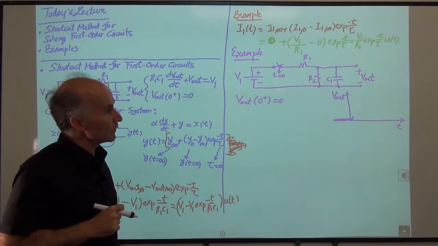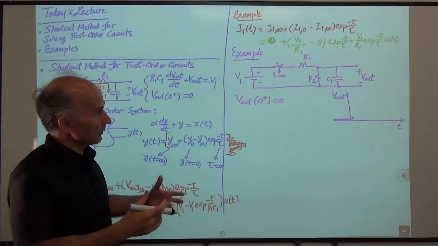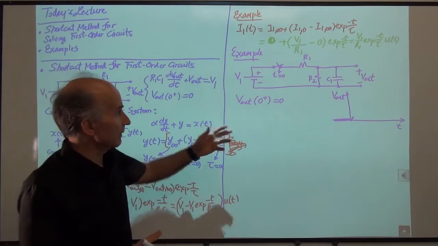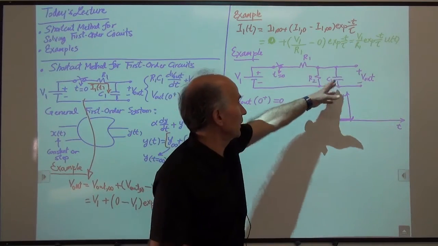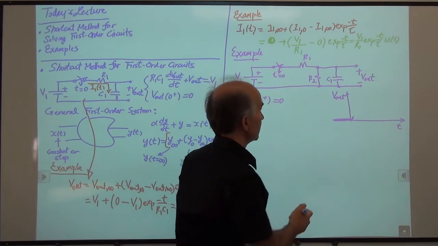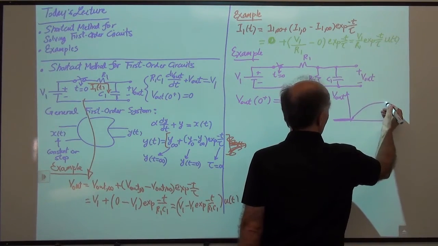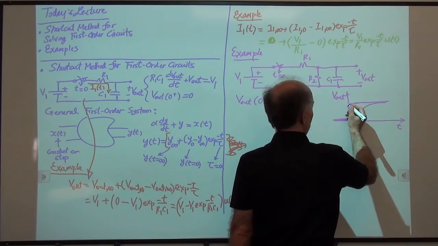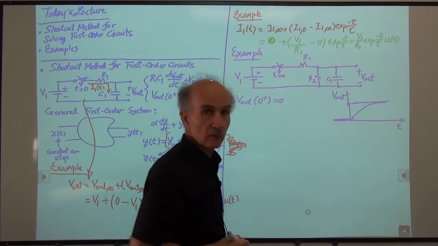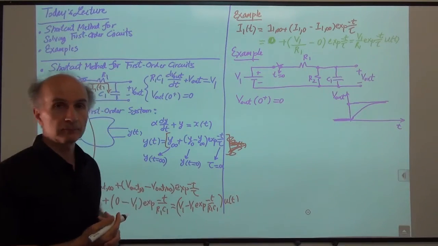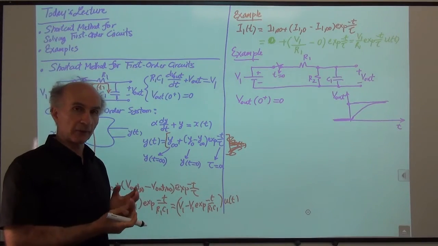So what we expect is that the capacitor wants to charge up, drawing some current from this network. The question is, if it goes up and stabilizes, where will it stabilize? How much is this voltage here? We have to think about that carefully.